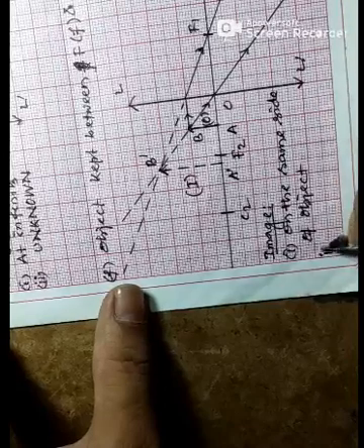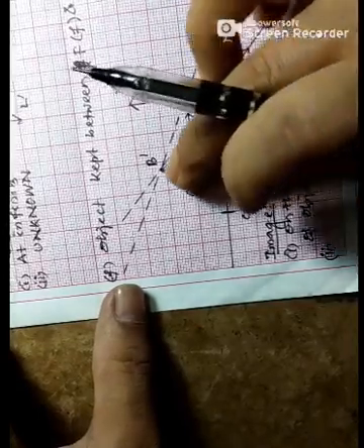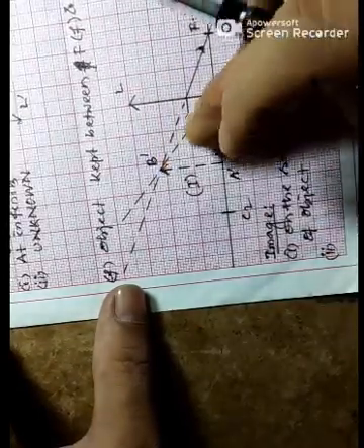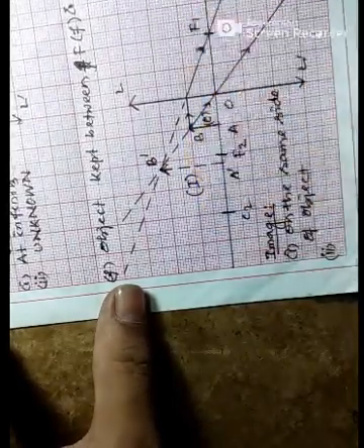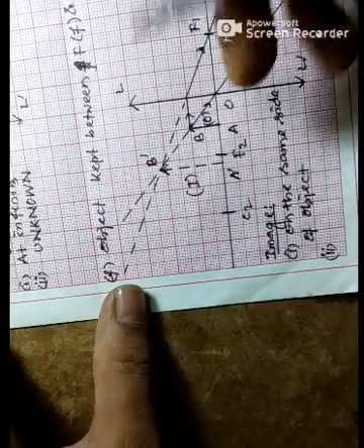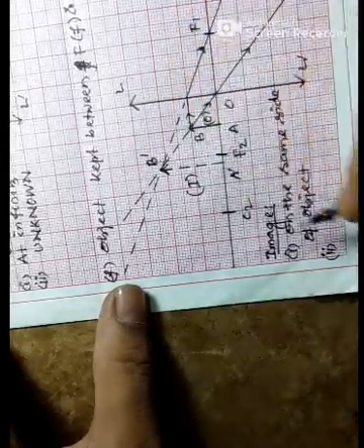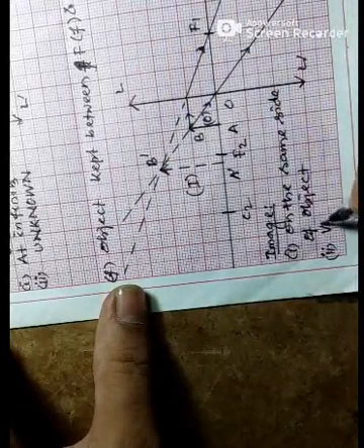Second, nature. So what is the nature? You can observe here, because we have used a dash line and the image is forming on the same side, it is a virtual image, because these two rays are not meeting each other. So these are diverging, so we get an image.